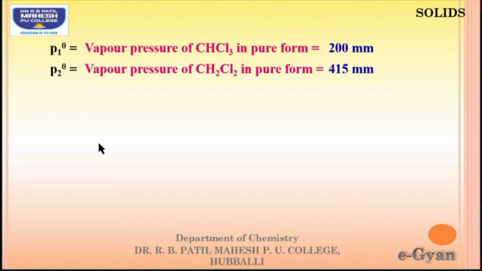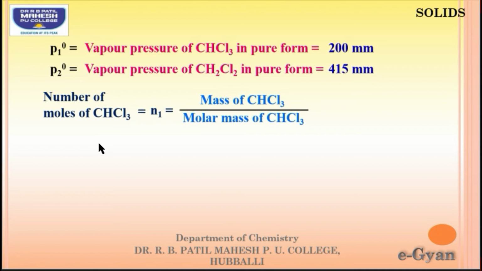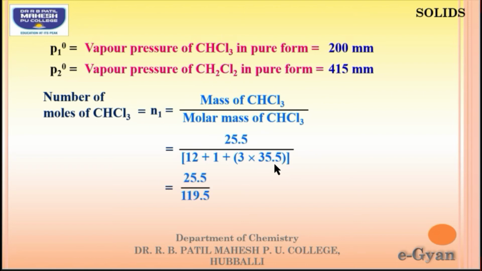So the number of moles of CHCl3 we can calculate, that is equal to mass of chloroform divided by molecular mass of chloroform, that is equal to 25 divided by the molecular mass of chloroform, 12 plus 1 hydrogen, 3 Cl, that is 35.5 into 3, equal to 25 divided by 119.5, is equal to 0.213.